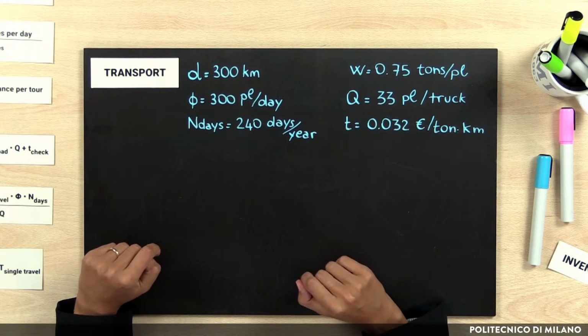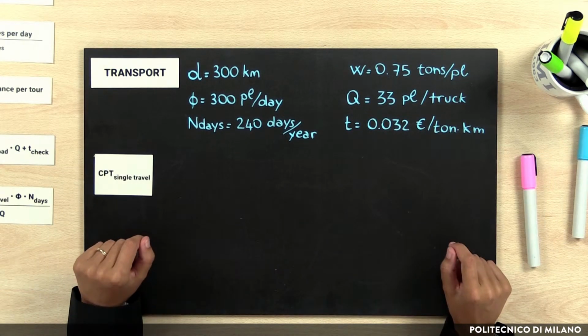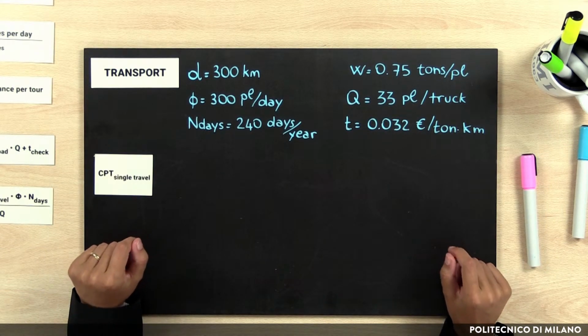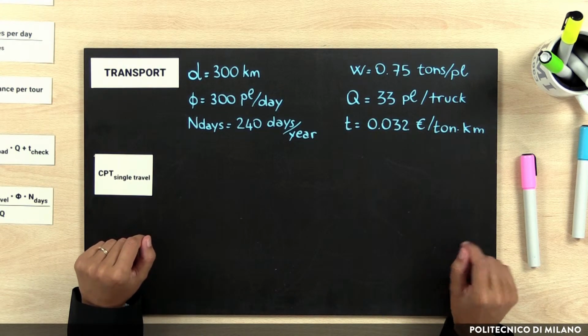First, we can evaluate the transport cost of a single travel from the manufacturer warehouse to the retailer warehouse. Since the cost depends on the distance and on the amount of goods moved, measured in tons, we have to consider these variables.